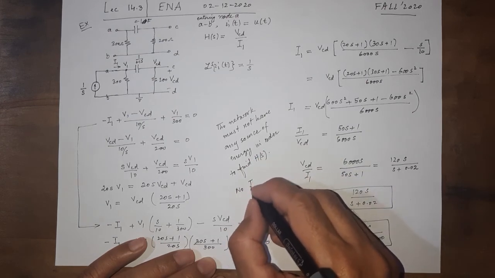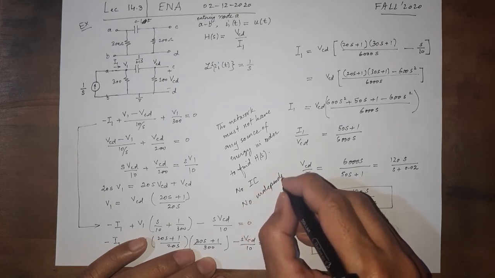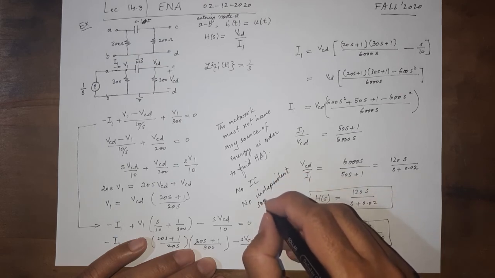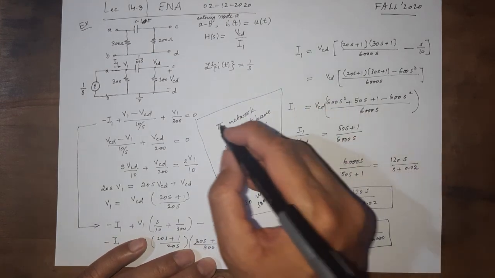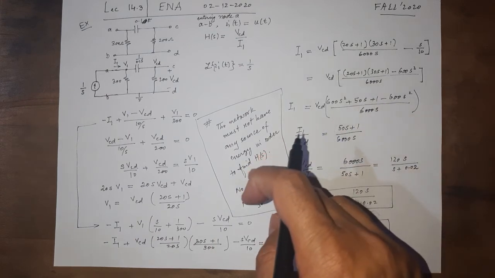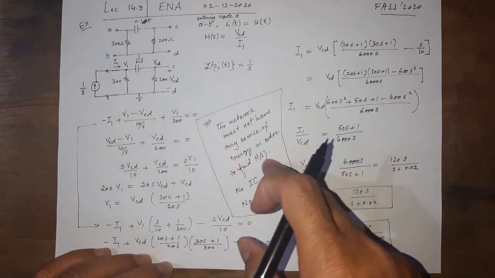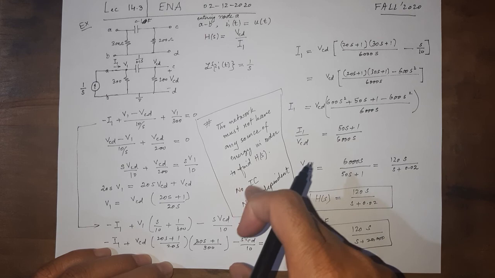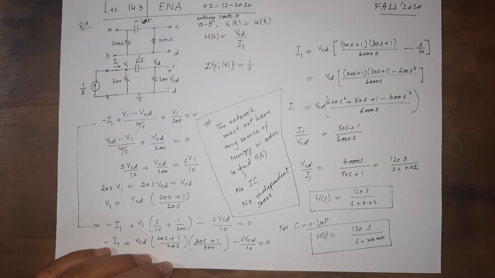No initial conditions, no independent source. So for any circuit, it is very important to note this very important point. And if you are interested in finding the transfer function h of s for any network, the capacitors and inductors should not have any stored energy, and there should not be any voltage source or independent current source contained in the circuit as well. That is very important.